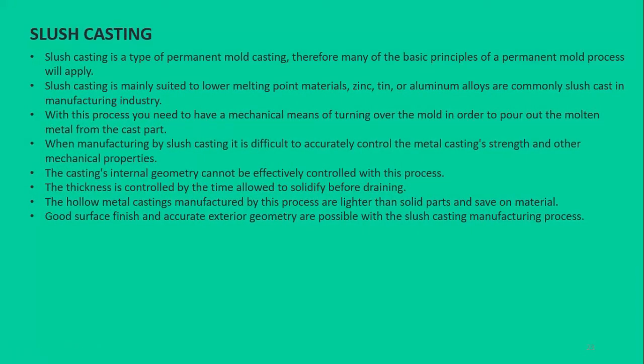So what is a slush casting? As the name suggests, there is a formation of slush in this kind of casting. Slush casting is a permanent mold process, which is used for casting hollow products. And how do we make it? Let's suppose we have an open mold.